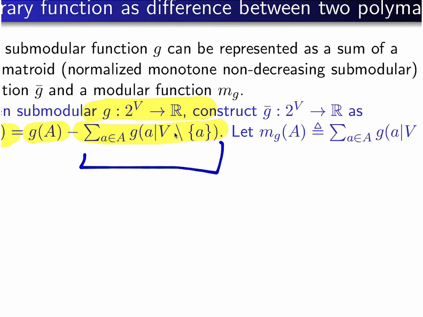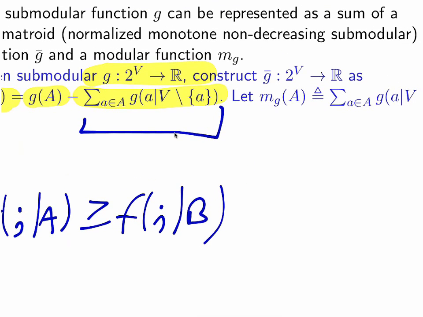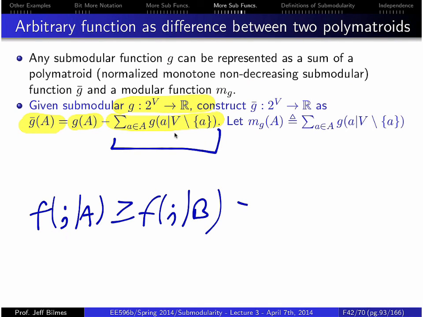Submodularity means that f of j given A is greater than or equal to f of j given B, right? But what if we grow the context even more? The biggest possible context would be if we do f of j given V except for j, right?